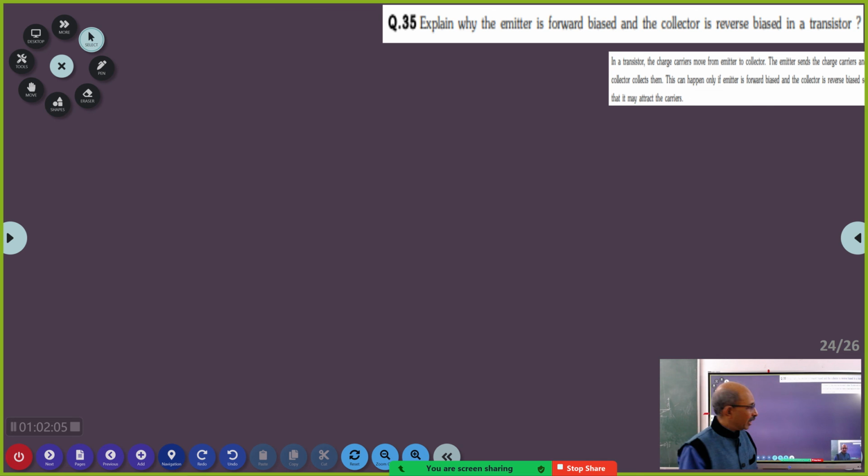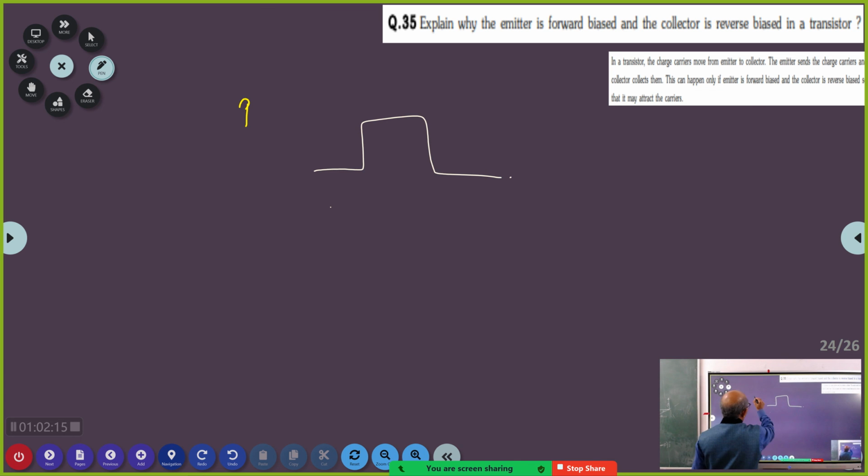Another way to explain this is that we are creating what is called a potential well. If you remember the potential energy barrier, for an unbiased transistor the potential energy graph will be like this, and for a biased transistor you will have it like this.